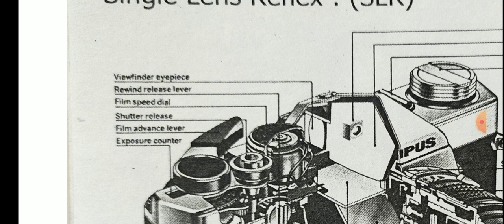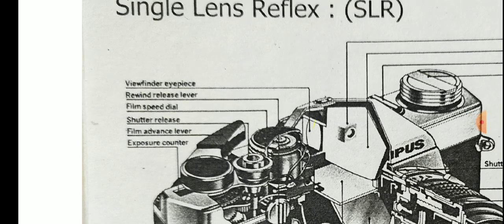In an SLR you will find all the specifications, all the advanced things where you can set the image clarity as well as other settings. The film speed dial is also there, and the shutter release is also there, which you can operate manually.